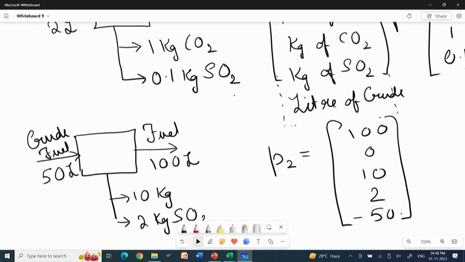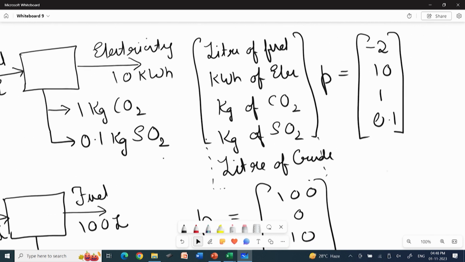And in a similar way, the earlier vector that I would have defined for the process P1 would have another element 0 here, because this doesn't include any crude in here.